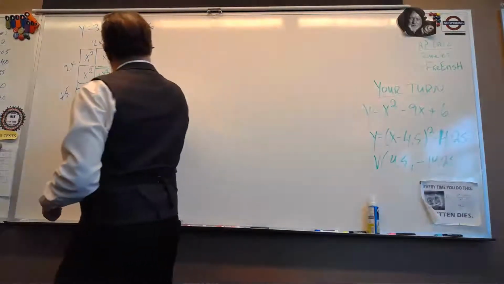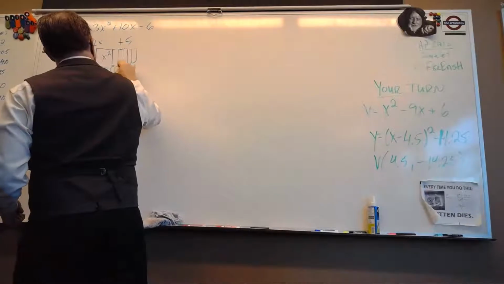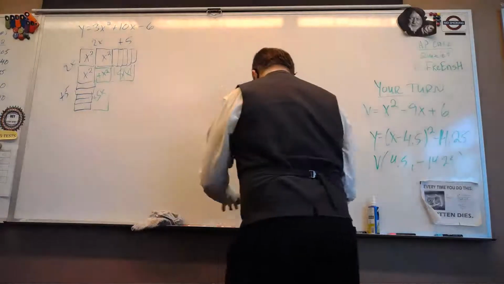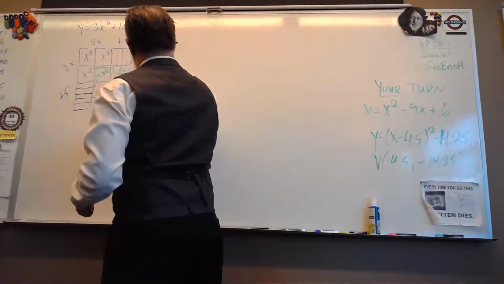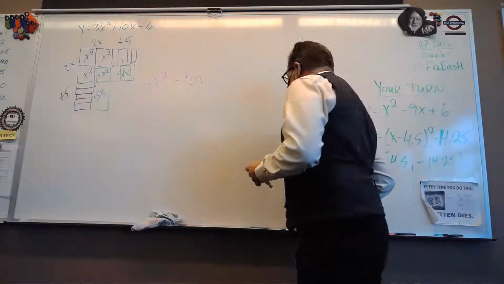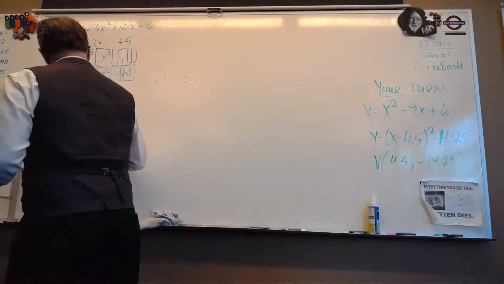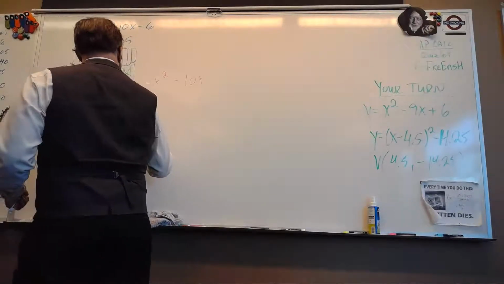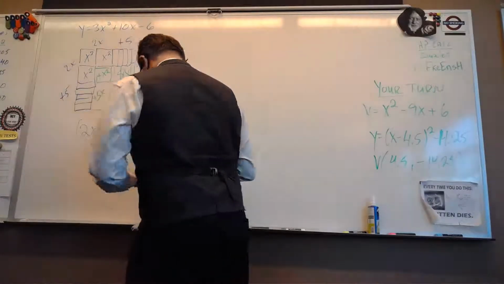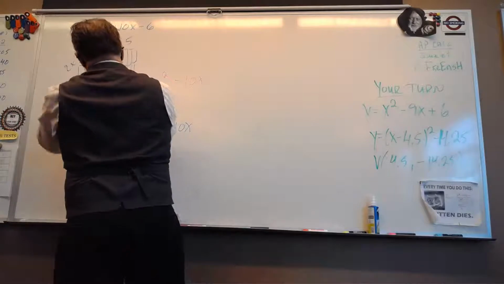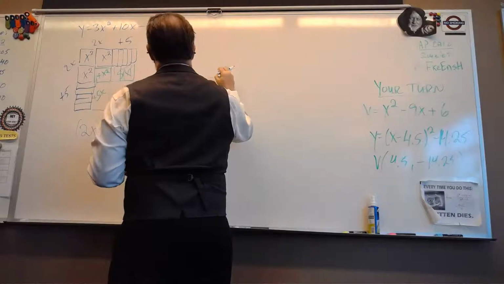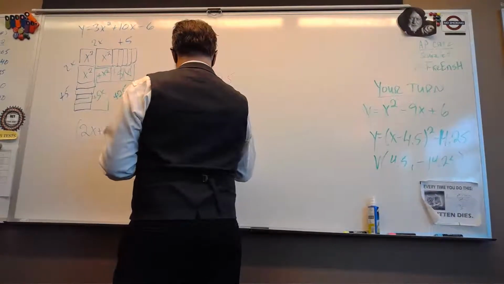Well, I need 5x and I need another 5x, which means that now not only do I have a minus x squared out here, I also have a minus 10x. And so now my vertex form looks like this: 2x plus 5 all squared minus x squared minus 10x. And then, of course, I've got plus 25 here, and minus 25 out here, and that part's fine. And so I got minus 31.